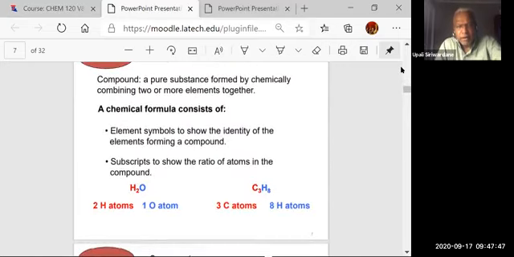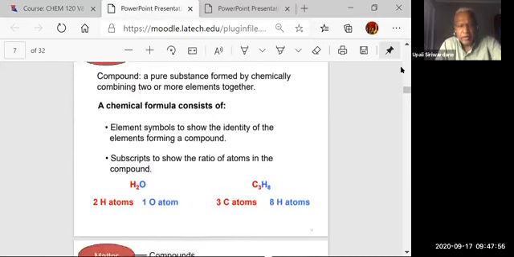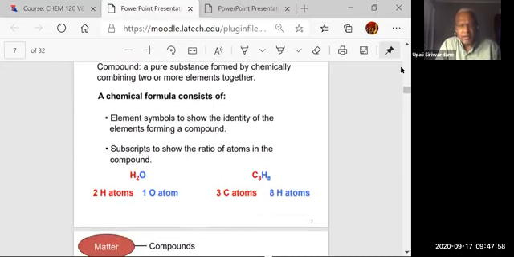Compounds are formed by two or more elements combining together. Compounds have a formula, element symbols with subscripts to show the number of atoms. These ratios are also mole ratios. We're going to talk about that later.